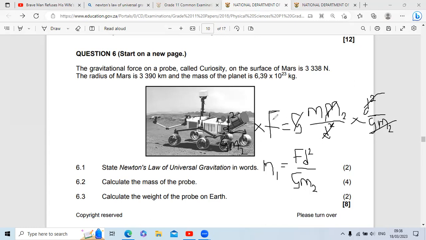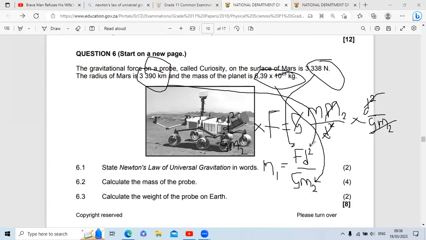So what I want you to do is substitute these values into this. We have the force, we're going to substitute that as F. We have the mass of Mars, we're going to substitute that as M2. We have the radius, that's going to be our d squared.